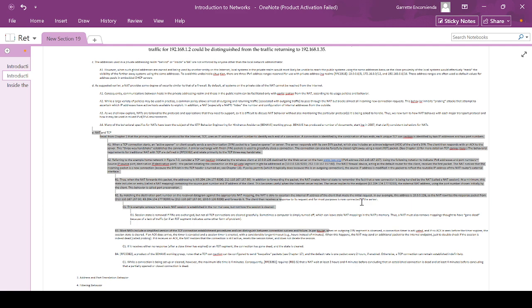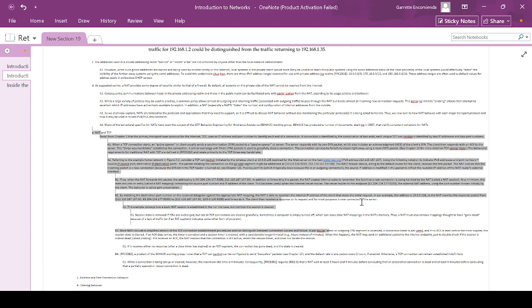The NAT notices the incoming packet is a new connection because the SYN bit in the TCP header is turned on. If policy permits, which it typically does because this is an outgoing connection, the source IP address in the packet is modified to reflect the routable IP address of the NAT router's external interface.